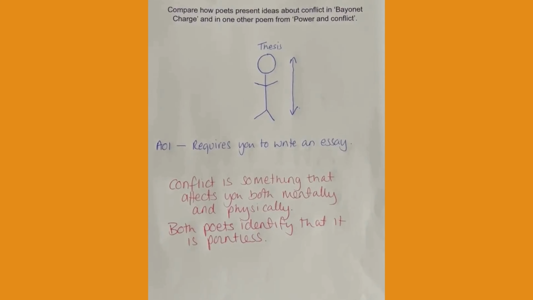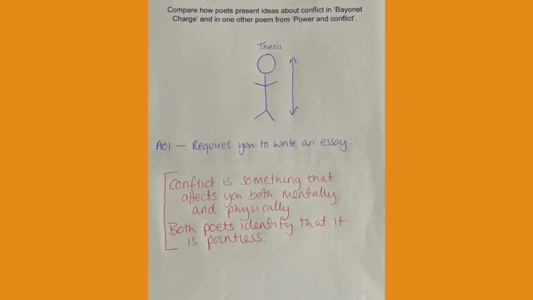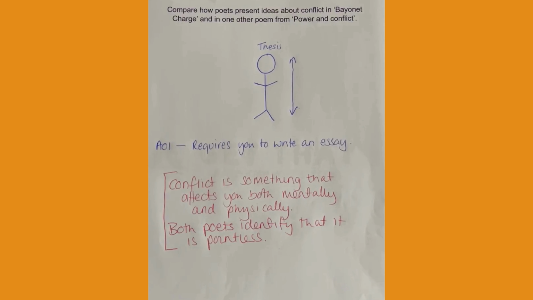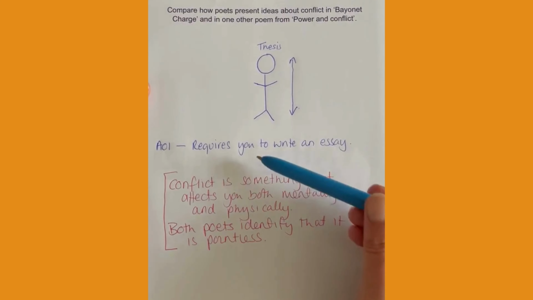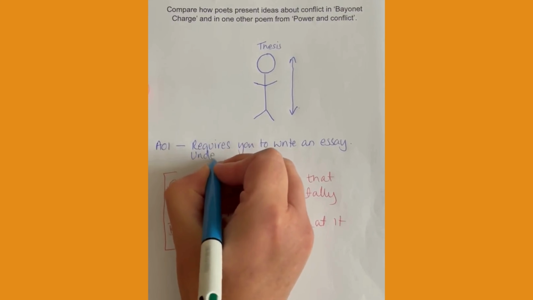Okay. So if we identified that as our thesis statement, that is essentially what we're trying to prove throughout our essay. So that thesis statement is going to sit within our introduction. However, what we also know is that AO1 requires us to write an essay. So the ability to write an introduction is important. AO1 also requires us to have understood the texts.